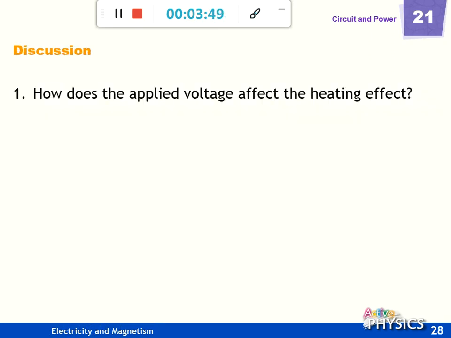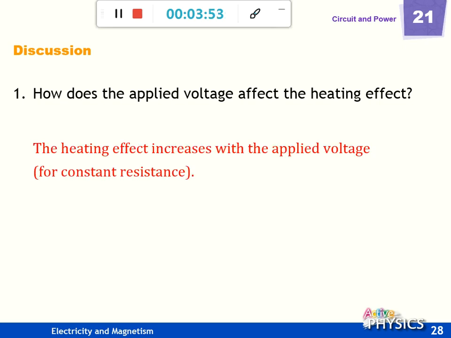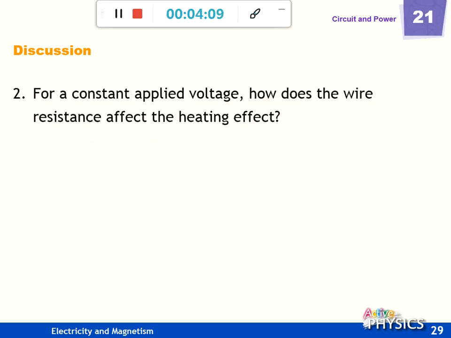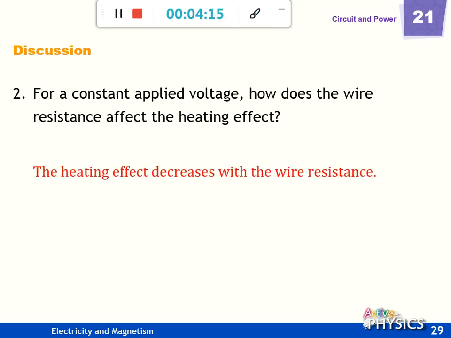Now what happened? How does the applied voltage affect the heating effect? After this experiment, you can see that the heating effect increases with the applied voltage. It means that with higher voltage, the heating effect will be higher. It means that more power will be given into it. For a constant applied voltage, how does the wire resistance affect the heating effect?